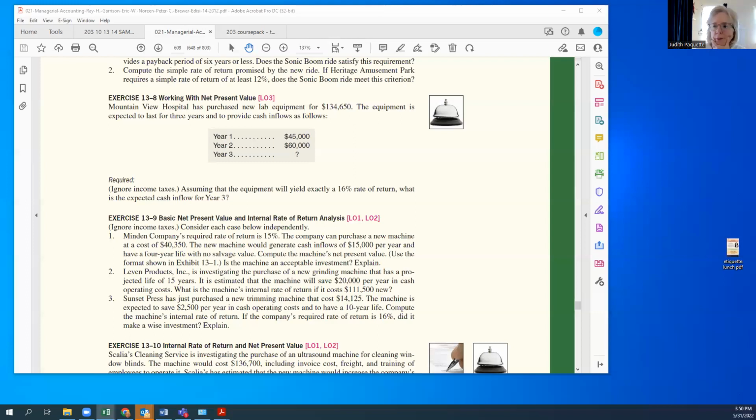What does it mean when net present value is exactly 0?